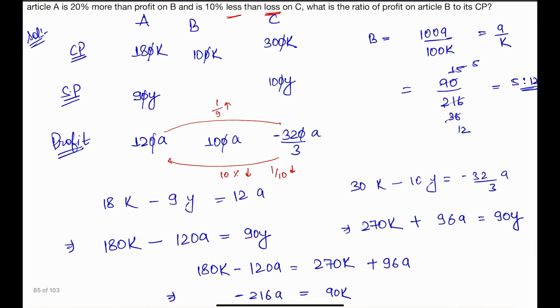Whatever value I am getting, that will be my profit and loss, and less is depicting this 10% less. So here my value will be 10/9 into 120A, so 340. Here it should be 400A upon 3, but I made a mistake over here.